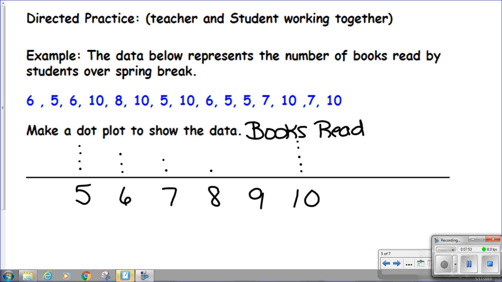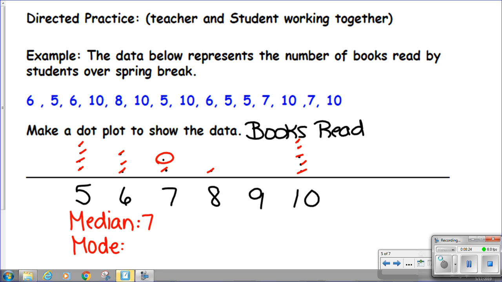To find the median, I will start crossing off left, right, left, right. Okay, so the median is at 7. Mode is where I see the most dots.